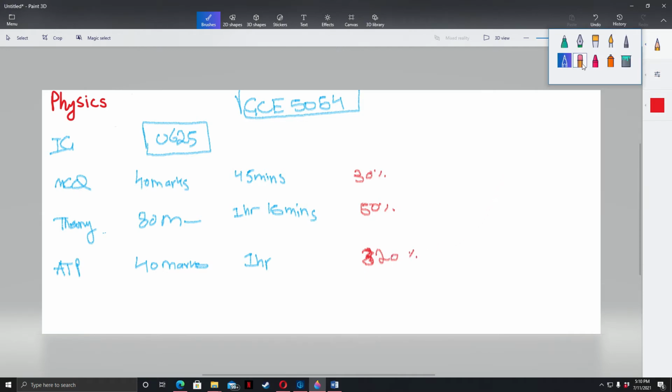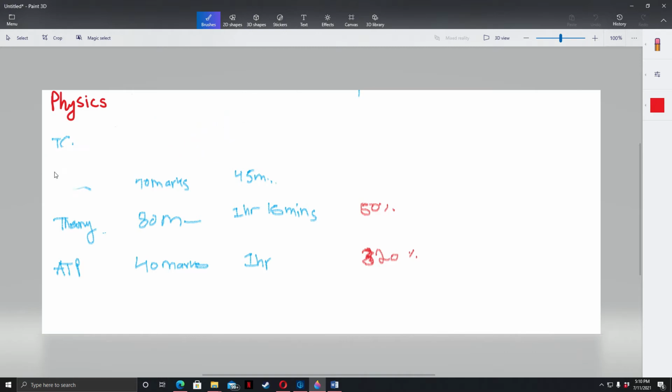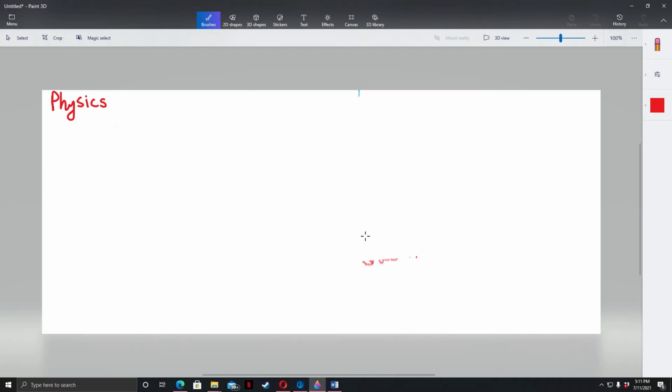Now let's get on with the Edexcel. For the Edexcel, we basically only have two papers, paper 1 and paper 2. Paper 1 consists of 110 marks, and paper 2 is of 70 marks.